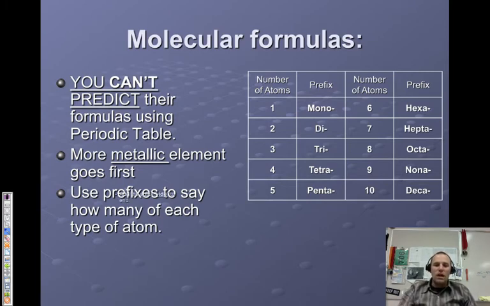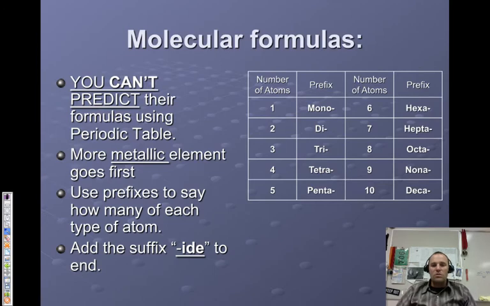The only exception to the rule is we do not use mono on the first element ever. Also, you drop the A when you're dealing with oxygen, and you'll see that in the examples. And then obviously you still add the suffix IDE to the last element just like you did before.